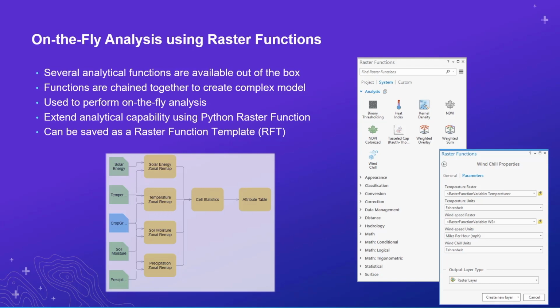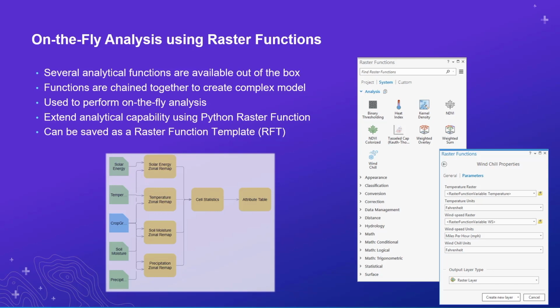Another example would be computing wind chill, where you combine multiple variables together to create new information. But to do this, you don't have to create a new dataset. You can find many raster functions which will let you do this kind of thing. You can combine these functions together in a chain and perform analysis.